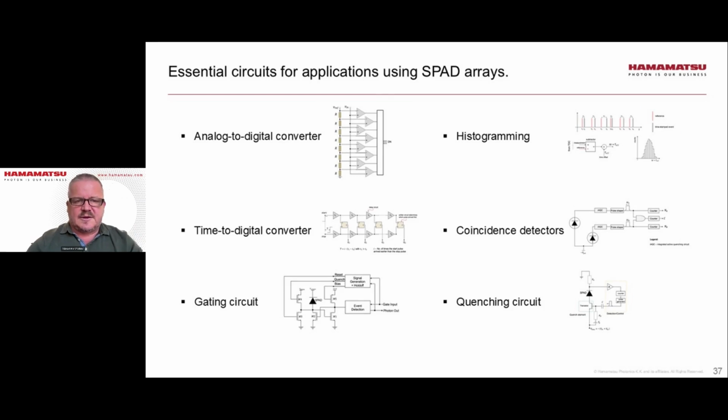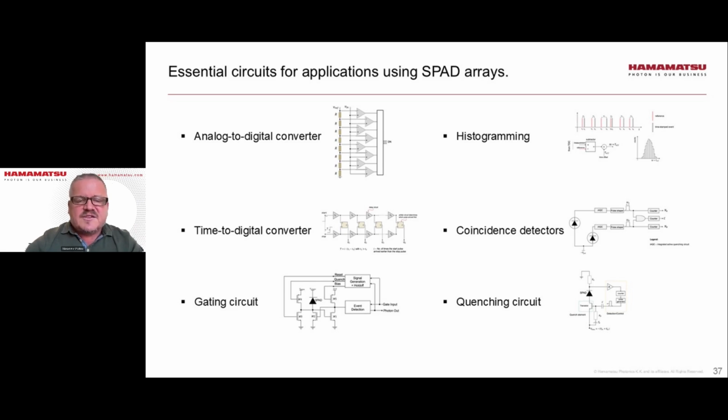So speaking about the circuits that you could implement in a SPAD array, apart from the transimpedance amplifier, not shown here, which converts current to voltage, I can have an analog to digital converter. I can have a time to digital converter. This is the one that can perform time stamping of events.